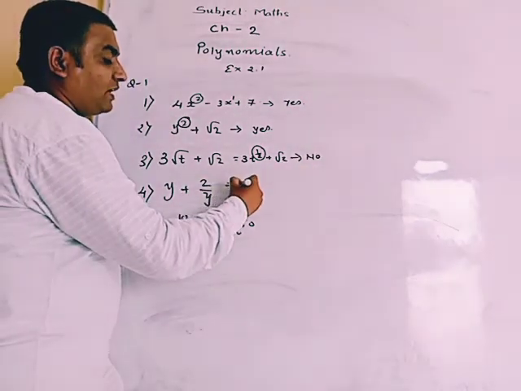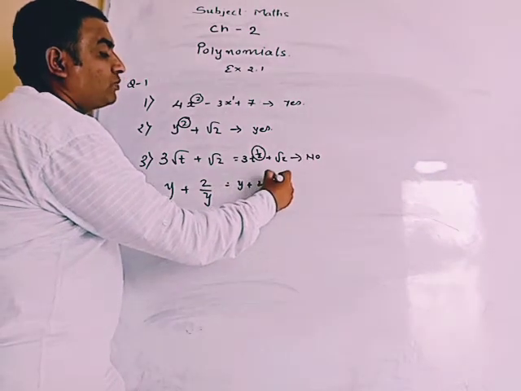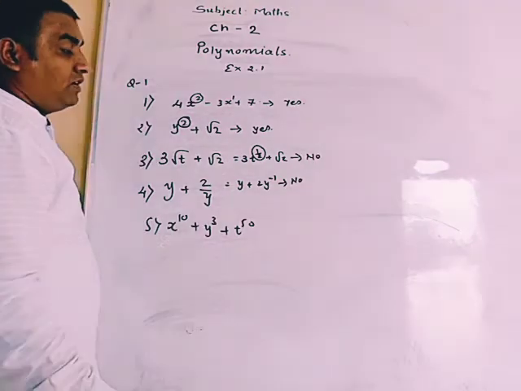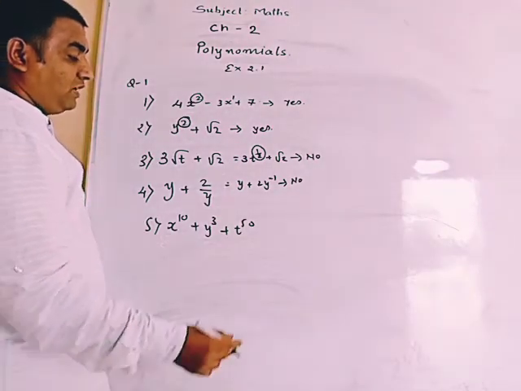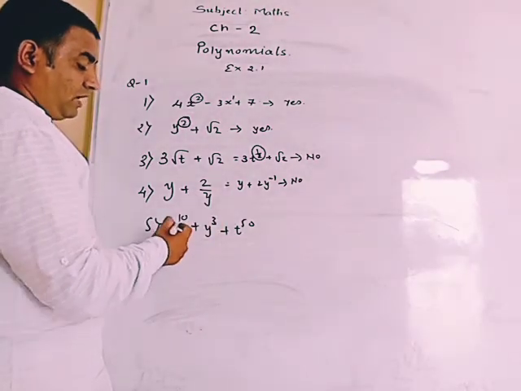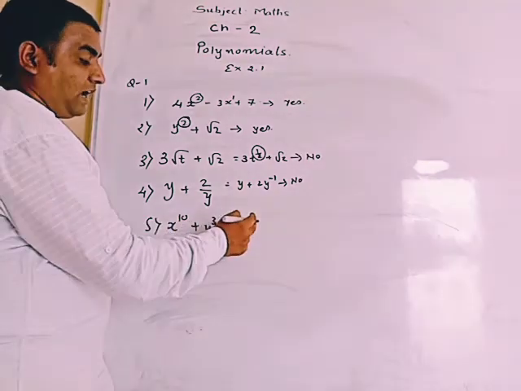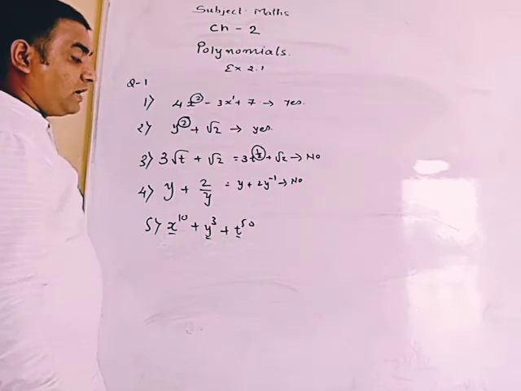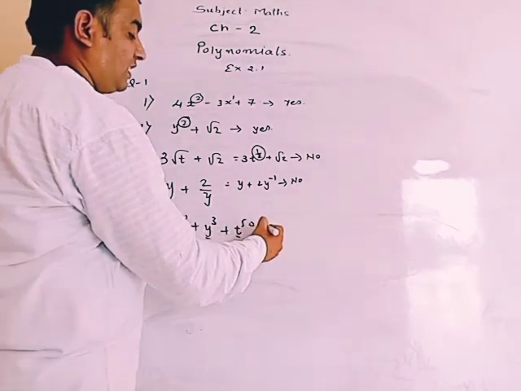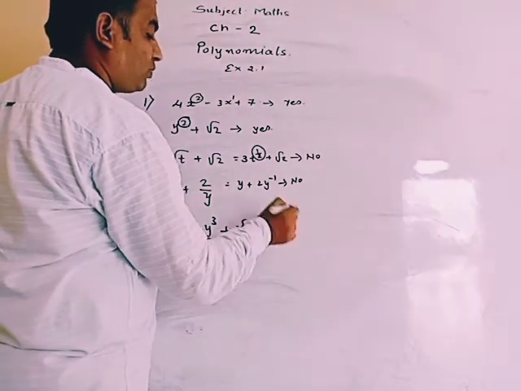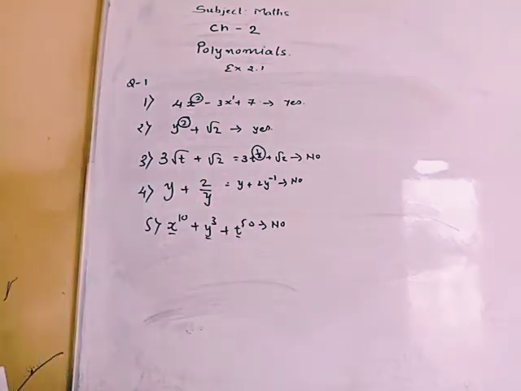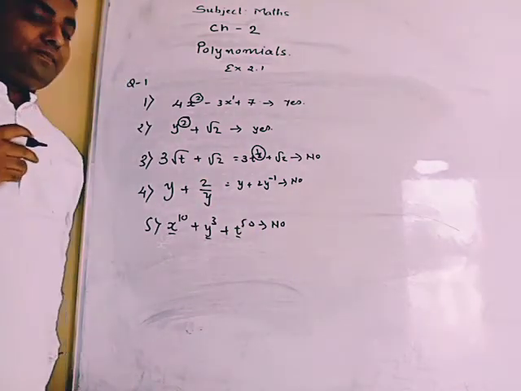So 2 by y we can write as 2y raised to minus 1, and so no, it is not a polynomial. Now here 10, 3 and 50, all the powers are whole numbers but the variables are different, more than one, so we can say that it is a polynomial but not in one variable; it is in more than one variable.